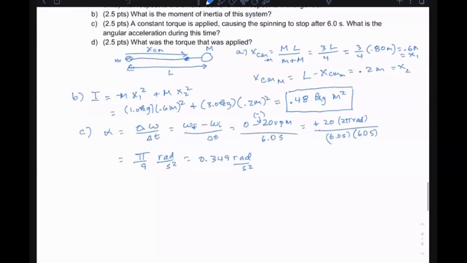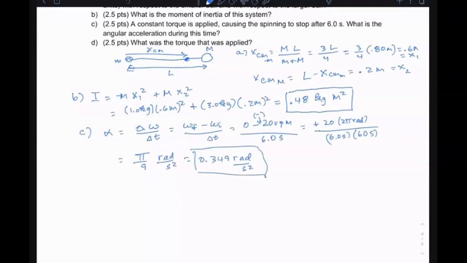Then in part D, let me put a block around our answer for C. In part D, what is the torque that was applied?